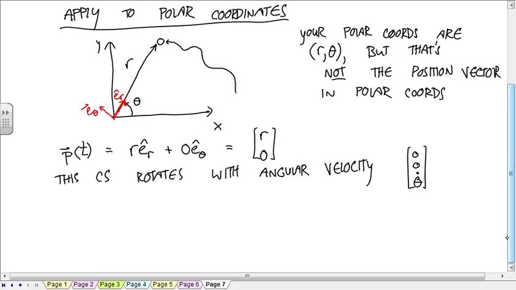And now all we have to do is apply the formulas for velocity and acceleration in a rotating coordinate system. So the velocity vector is the components dot, plus capital Omega cross with the position vector.